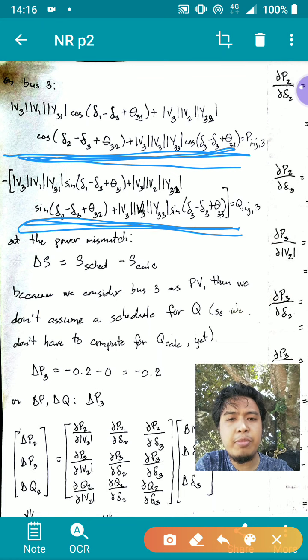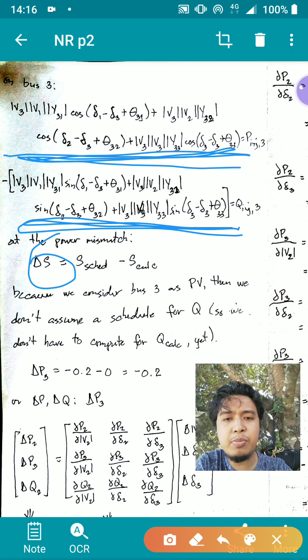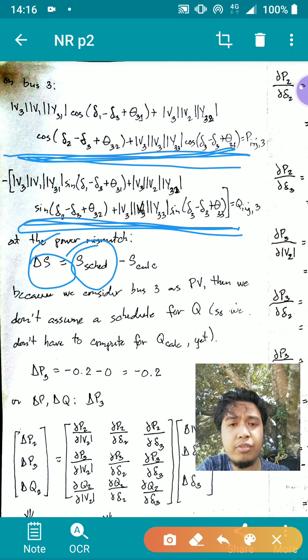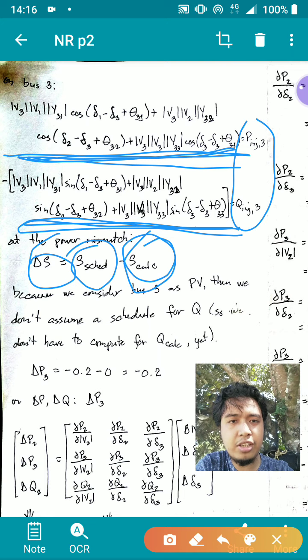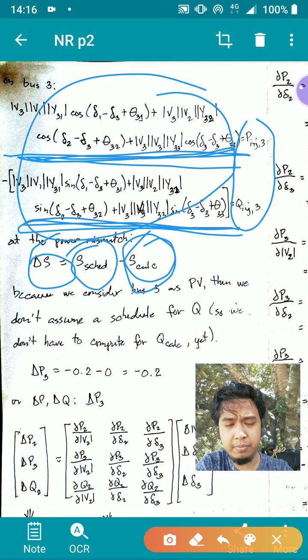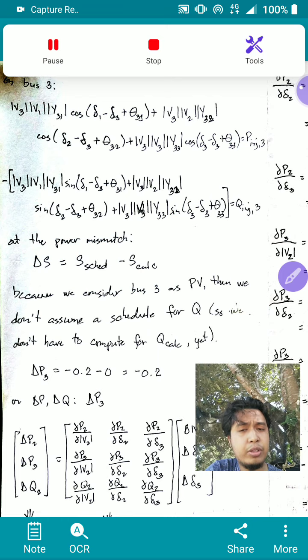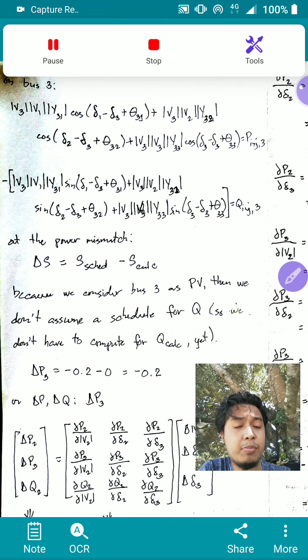So if you look at the power mismatch, it is basically the difference of the schedule versus the calculated. These are the schedules. These are the calculated values. Now, take note that we are considering bus 3 as a PV bus.